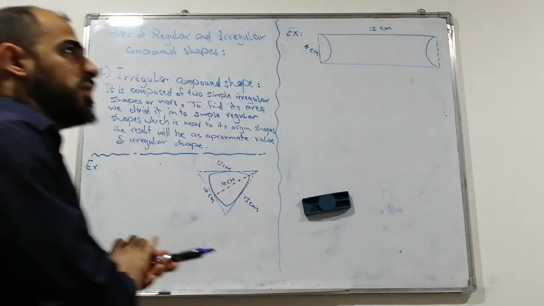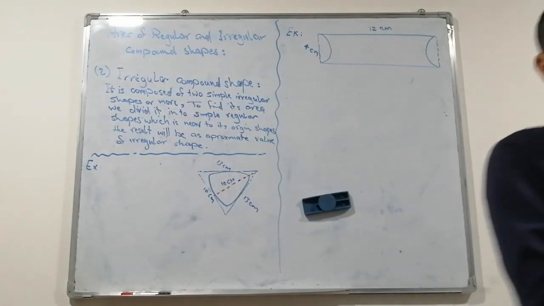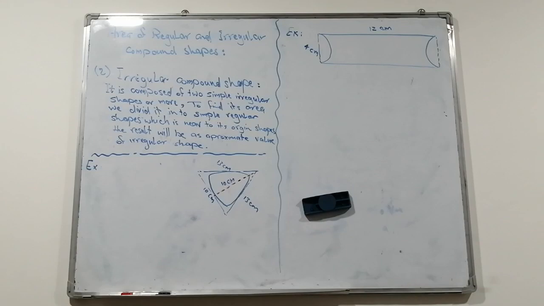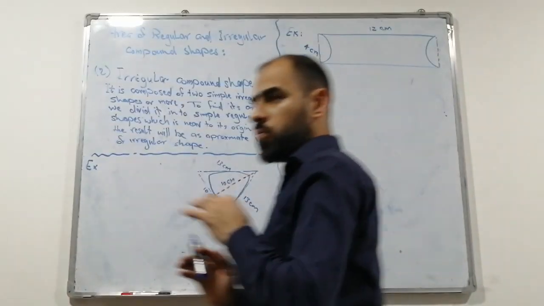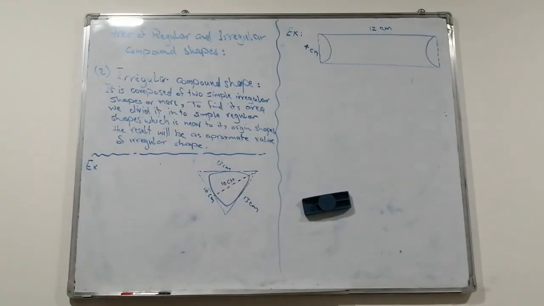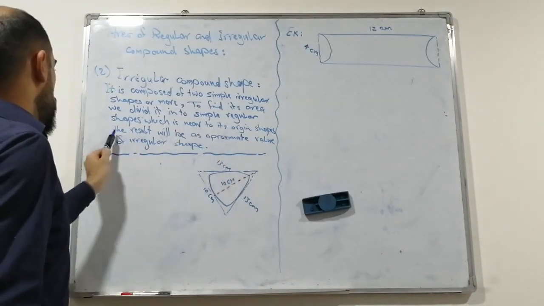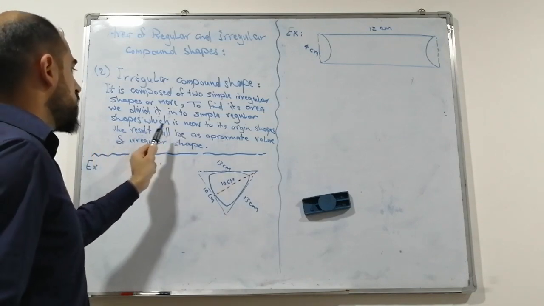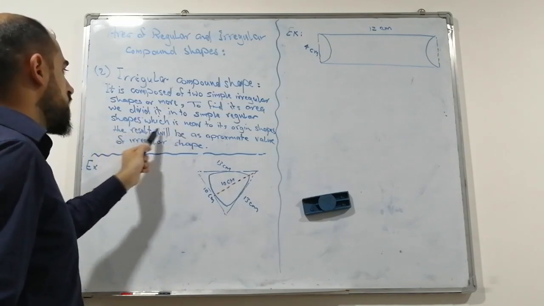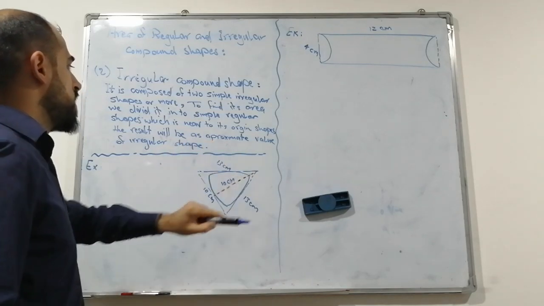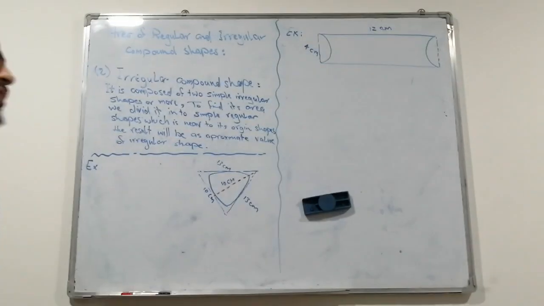That means if we have an irregular shape, to find its area, we make it as a regular shape that is near to the original shape. The result of calculating will be an approximate value of a regular shape.